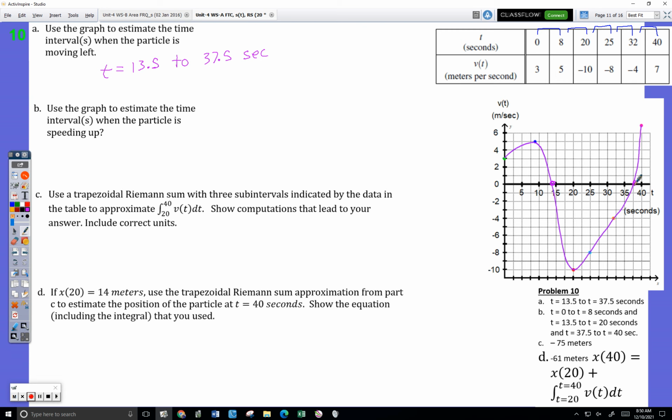Say it one more time. Because you wrote t equals 13.5 to 37.5 seconds, so you could also write both of them in seconds or both of them as t equals, correct? Tell me what you want me to write. I think you're fine. T equals 13.5 to t equals 37.5. I'm not understanding. It's my bad.